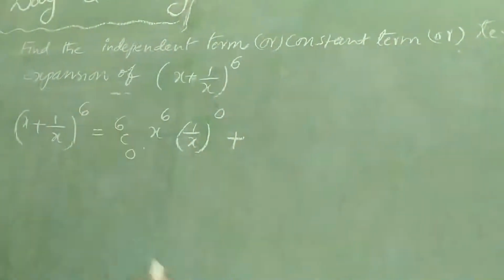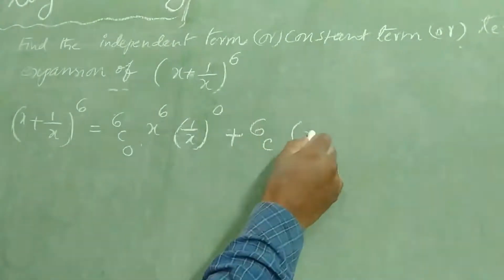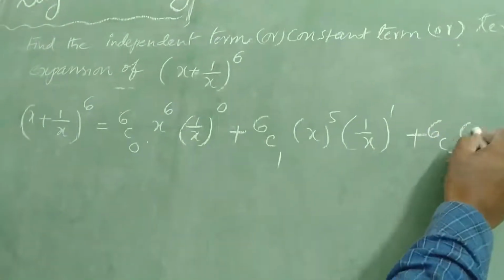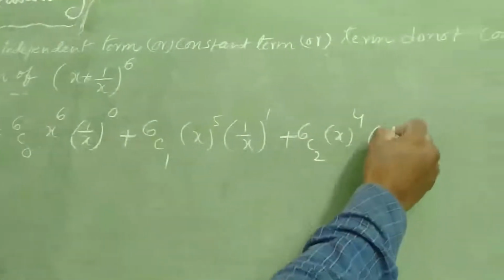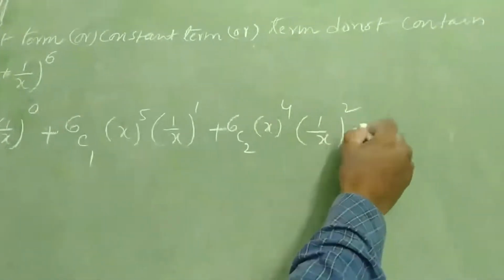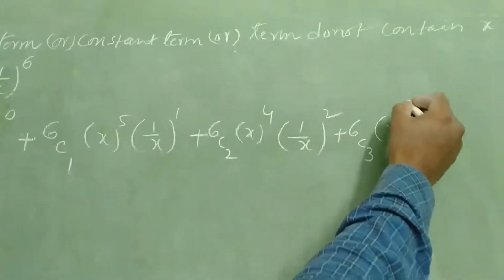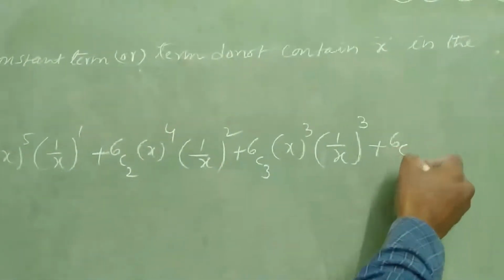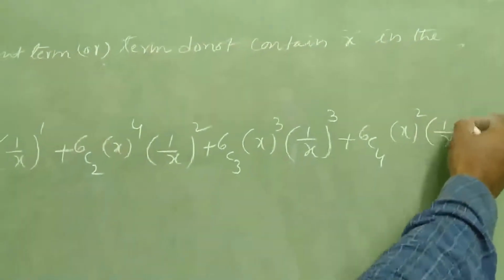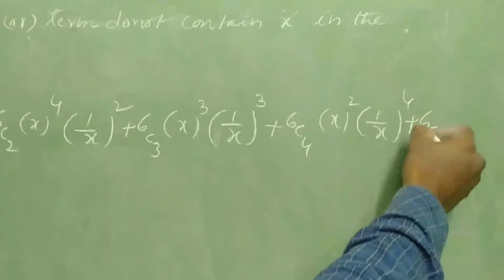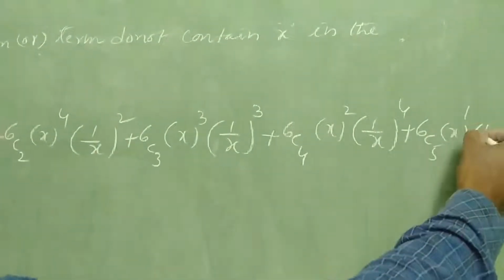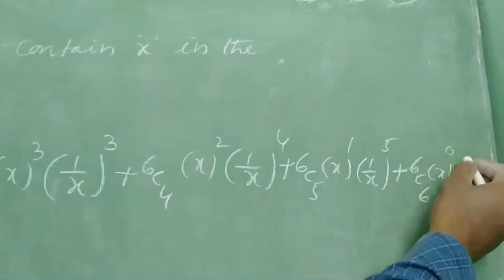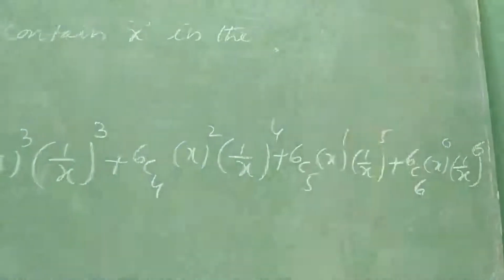The beginning coefficient is 6C0, next 6C1 x to the power of 5 (1/x) to the power of 1, plus 6C2 x to the power of 4 (1/x) squared, plus 6C3 x cubed (1/x) cubed, plus 6C4 x squared (1/x) to the power of 4, plus 6C5 x to the power of 1 (1/x) to the power of 5, plus 6C6 x to the power of 0 (1/x) to the power of 6.